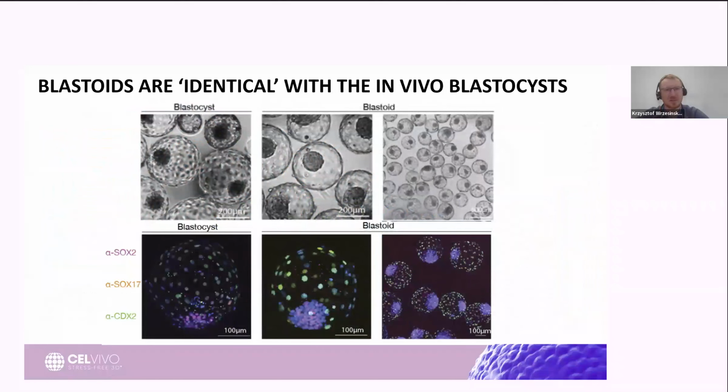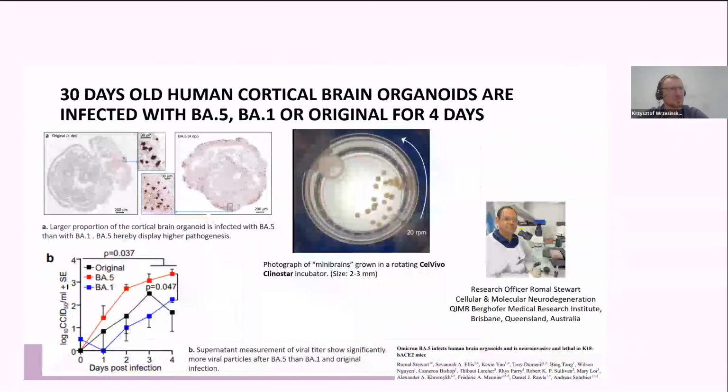Very interestingly, if you look at this picture, the synthetic blastoids are extremely identical to a native blastocyst. That was only possible due to the clinostatic effect in the clinostat system.